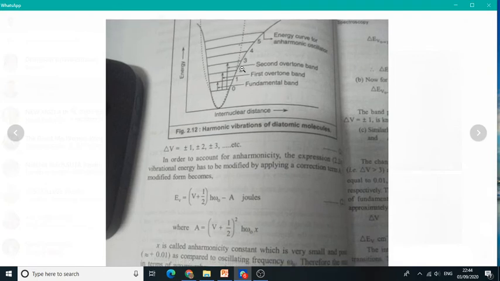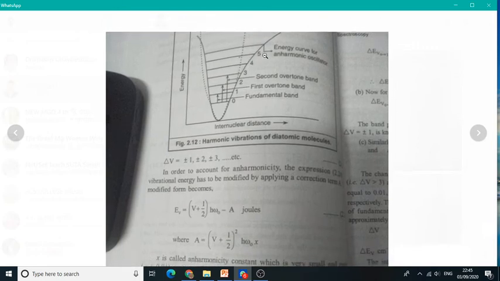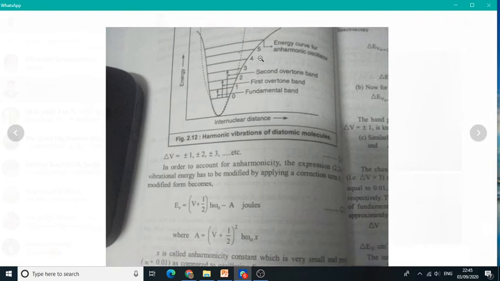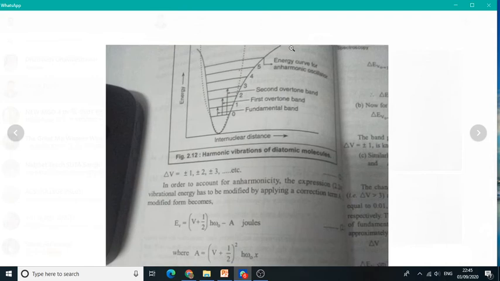This diagram shows the overtone transitions, and overtone transitions means when the delta phi, that is the selection rule, is equal to either plus minus 1, plus minus 2 or plus minus 3, etc. And instead of getting a perfect U-shaped curve, here we have a distorted curve, and it is also called a Morse potential energy curve.